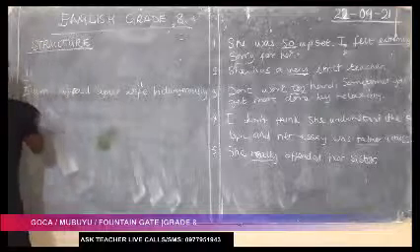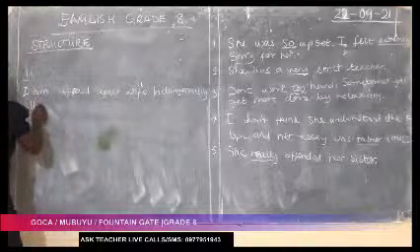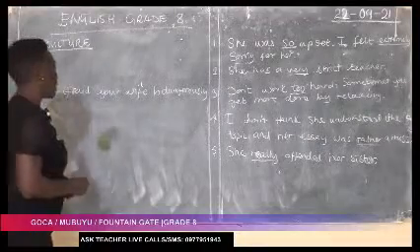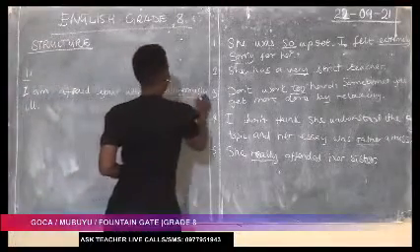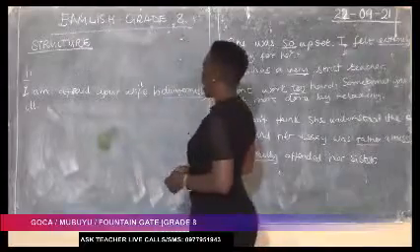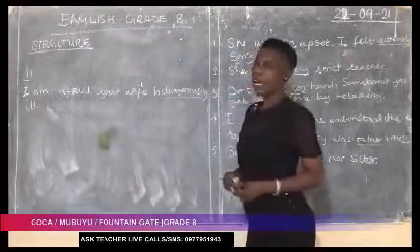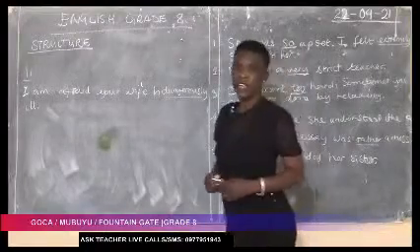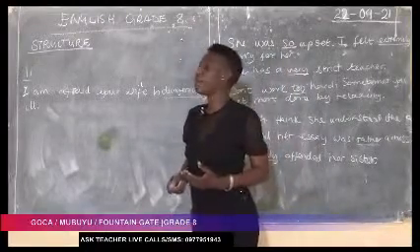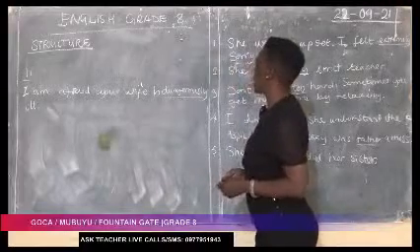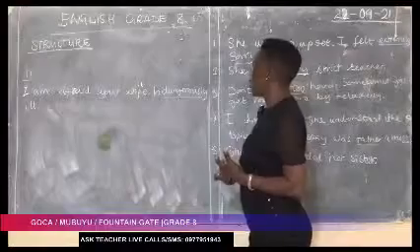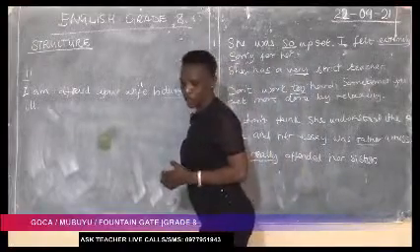Dangerously ill. Here the intensifier is dangerously. So meaning her life is actually death threatening. She might die anytime, and this person is actually afraid of the illness of his wife.